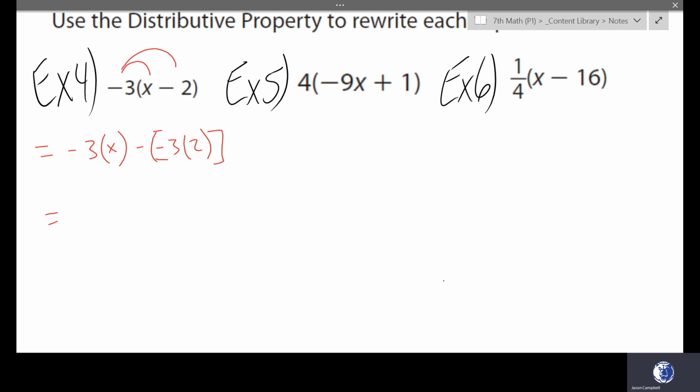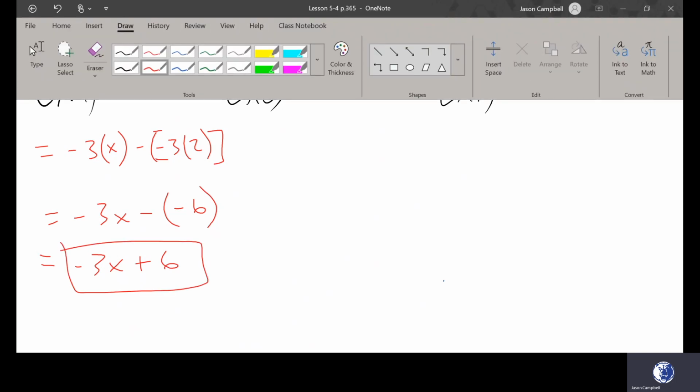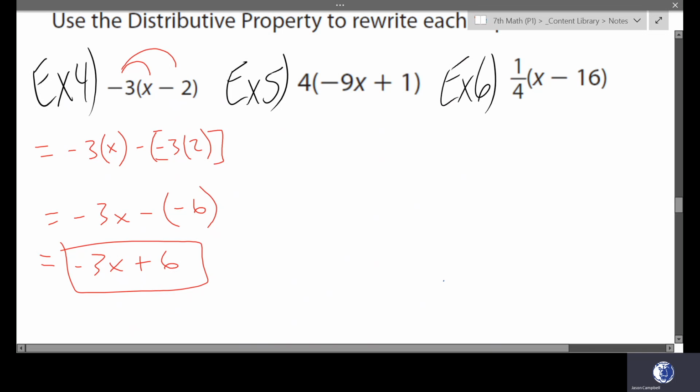That is negative 3x subtract negative 6, or negative 3x add 6. Anytime you subtract a negative, that's the same as addition.